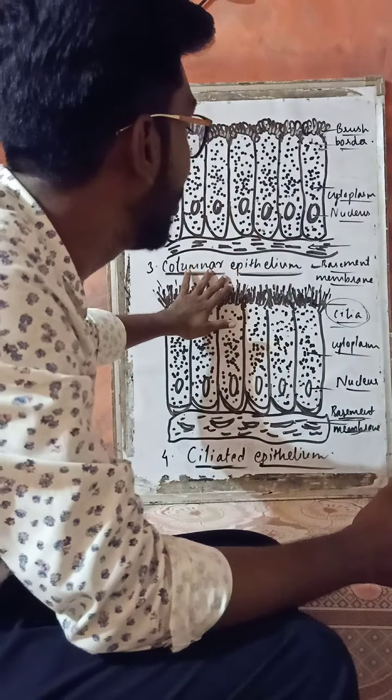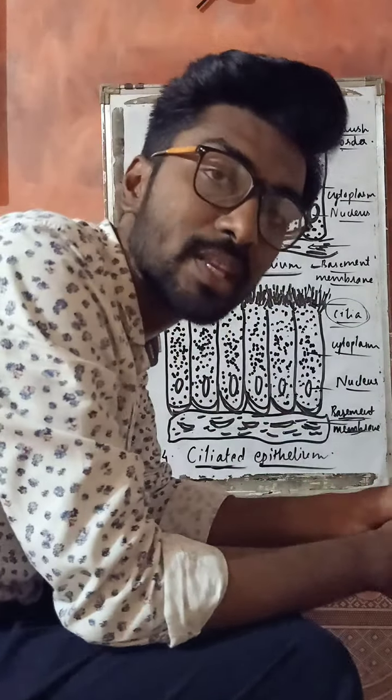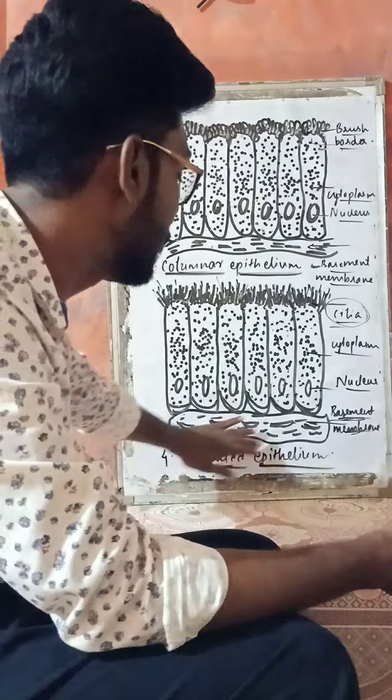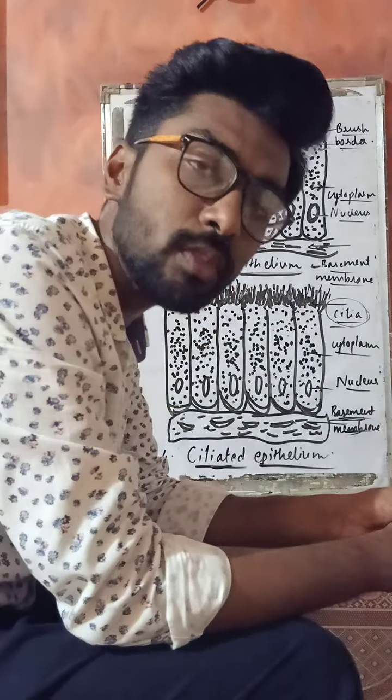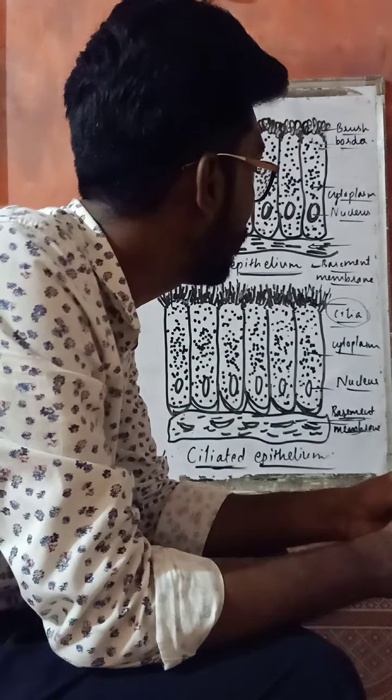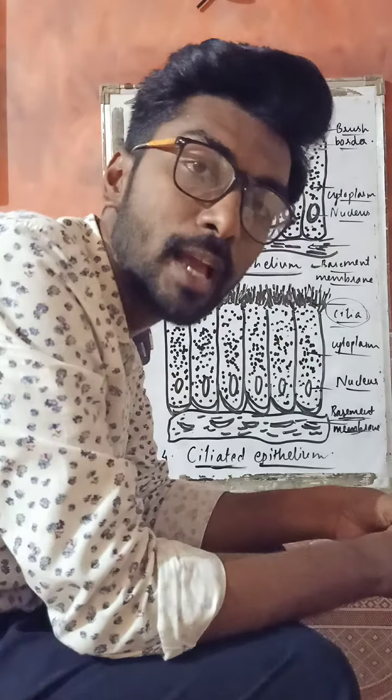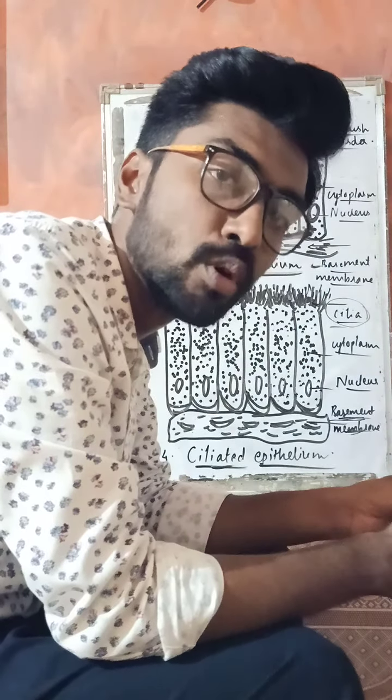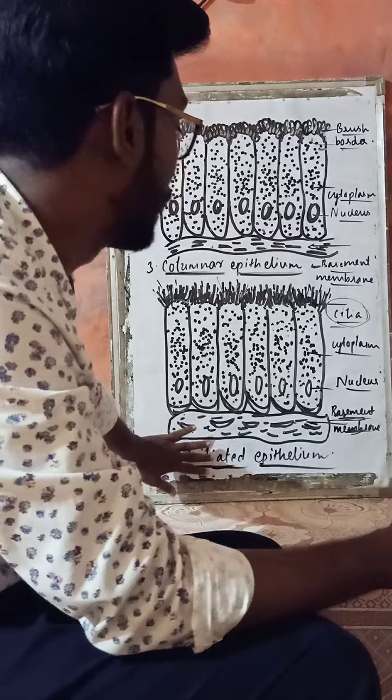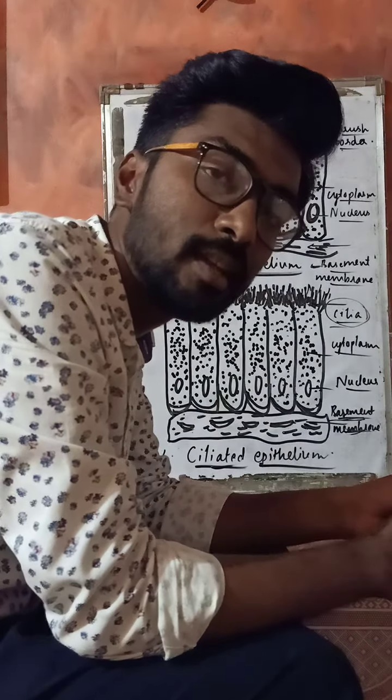So only one change is there: in columnar epithelium the anterior free surface contains the brush border, and in ciliated epithelium the anterior free end generally contains cilia, and that cilia plays an important role in locomotion or movement, right? Okay, now what is the function of ciliated epithelium?